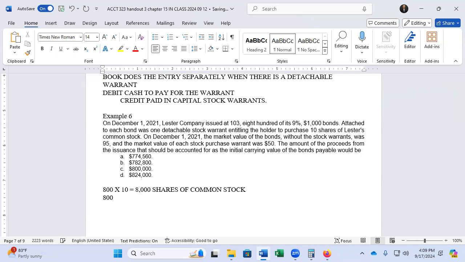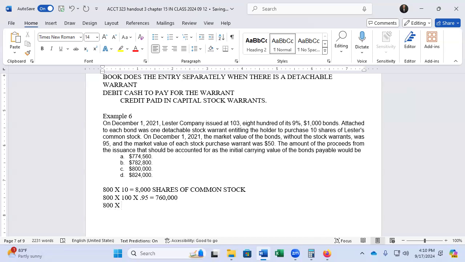Now we have 800 times 1,000 times 0.95 equals 760,000.